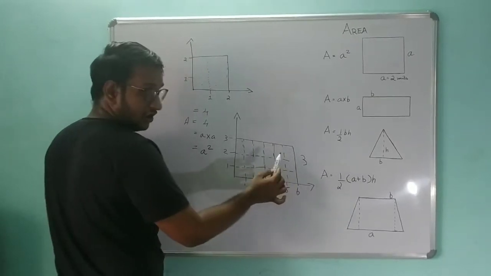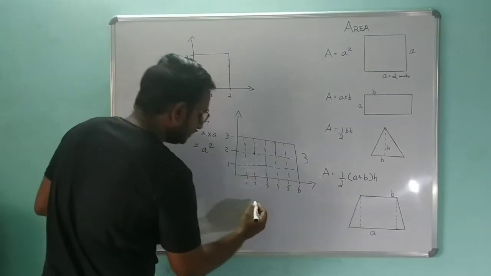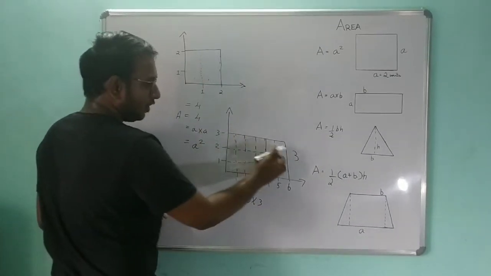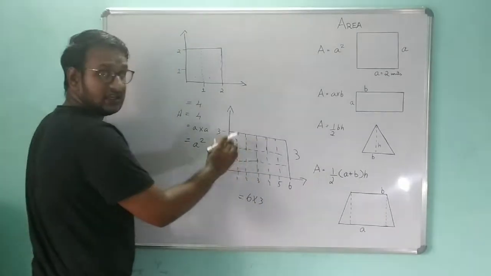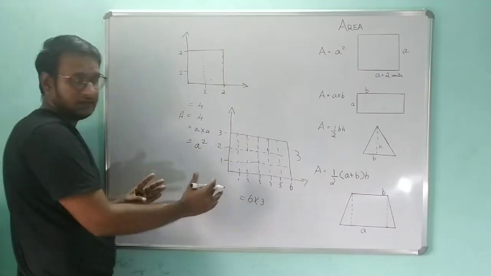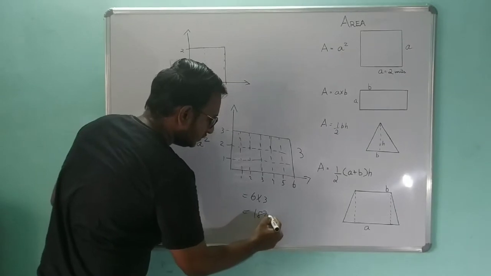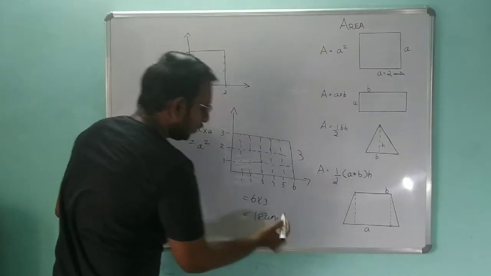There are 6 columns and 3 units. So 6 columns into 3 units will give the number of separate units inside this whole rectangle. So we get 18 units. How did we derive it?